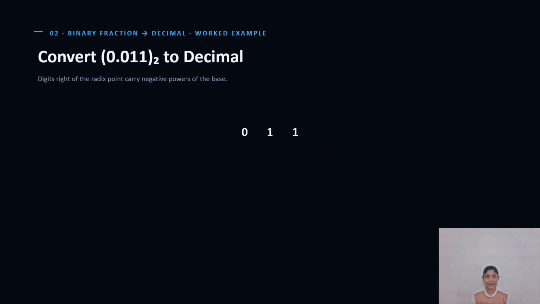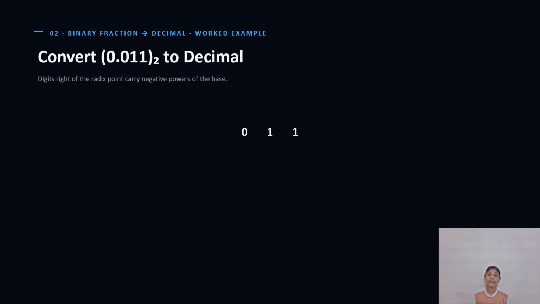In the radix point, before the radix point you have some values and after the radix point you have some values. Before the radix point, the values we used to term as the integer part. After the radix point, we consider those values as the fractional part. In your module 18, I told integer part is a positive power.